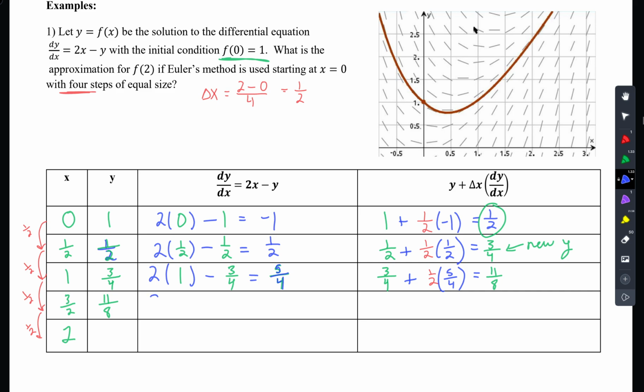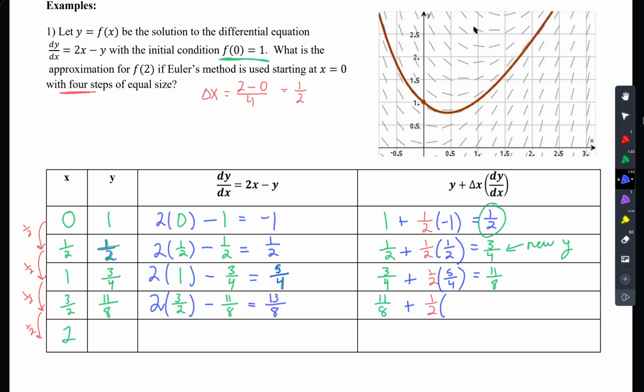So going to plug in your x 3/2, your y 11/8, do your math, 13/8, and then you're going to throw this into this formula. So now your new y, so again, this is where the y is, 11/8 plus step size, rate.